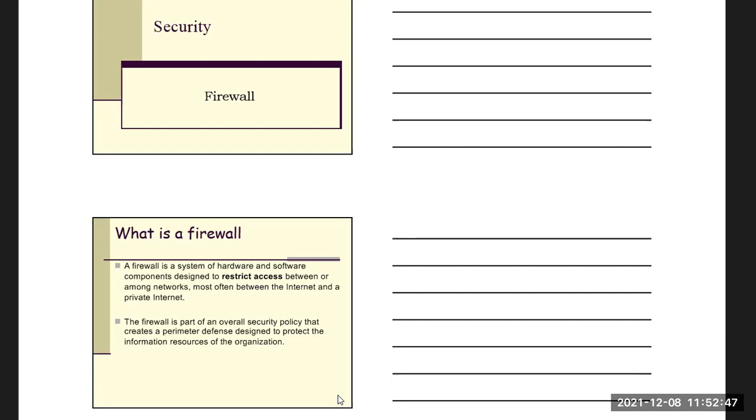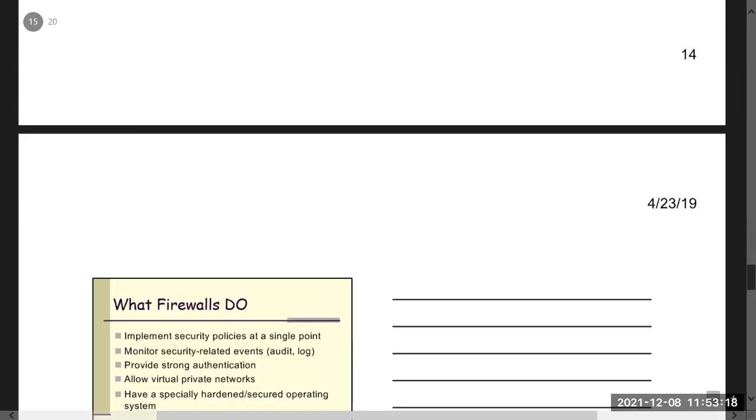It will inspect the packets, and after that it will restrict the access. So if some malicious activity is occurring, the firewall is responsible for restricting it. The firewall is related to the security policy, and it creates the perimeter defense designed to protect the information resources of the organization.